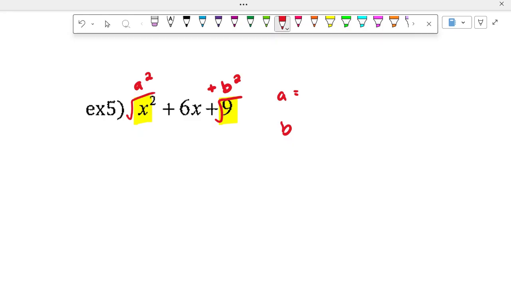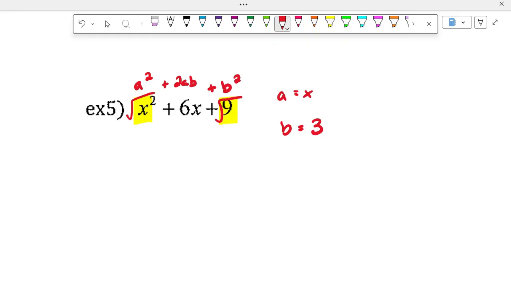What's the square root of a? X. What's the square root of 9? 3. So if I multiply x times 3, what is that? 3x. And then what's 3x times 2? 6x. Is that not what we have as our middle term? Yes. So that is my 2ab.